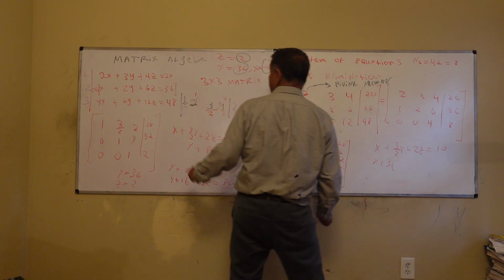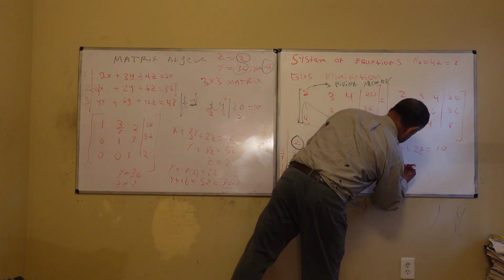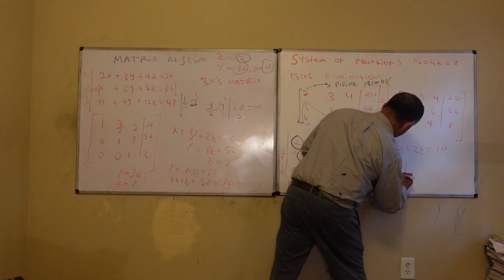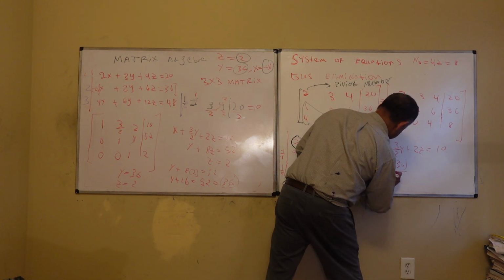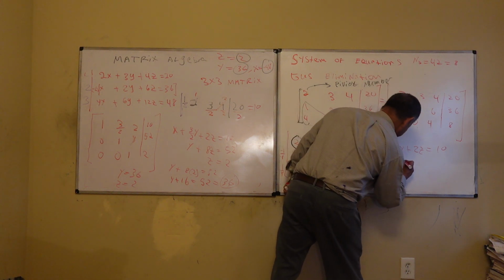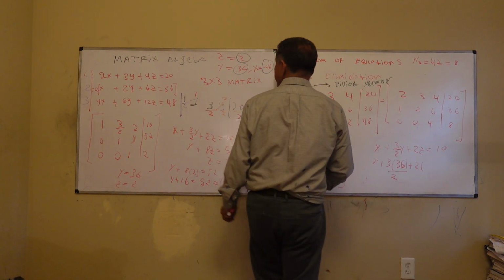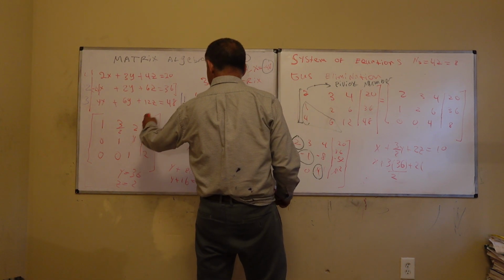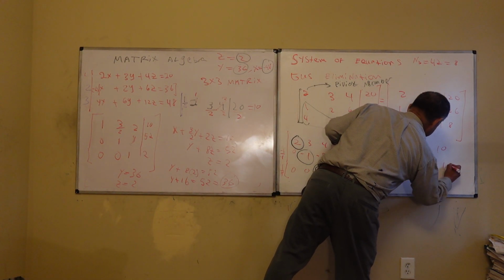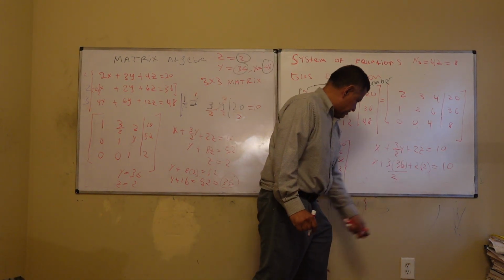We say that y is 36, and this is everything divided by 1/2. Plus 2 times what? I claim that z is equal to 2, and that, with the change that we apply, is equal to 10.